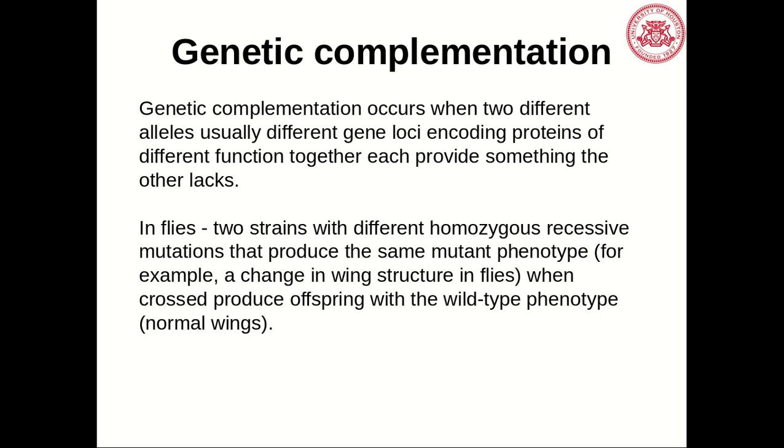Well, I think an easier one would be like in a human, maybe you got something where they both cause you to have blonde hair. And when you cross these, they have offspring that will produce wild type phenotype, normal wings, or in this case, maybe instead of blonde hair you get black hair.